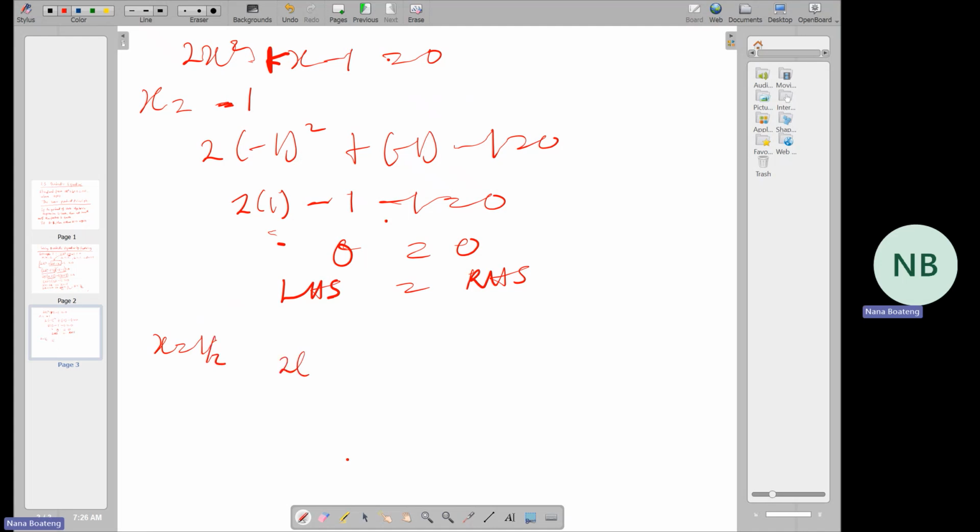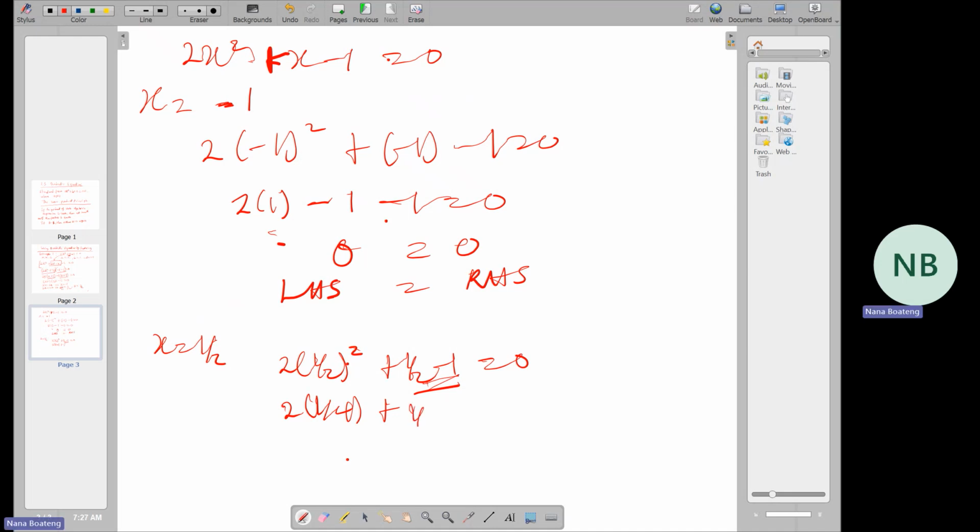So 2 times 1 half squared plus 1 half minus 1 is equal to 0. So 2 times 1 half squared is 2 times 1/4.